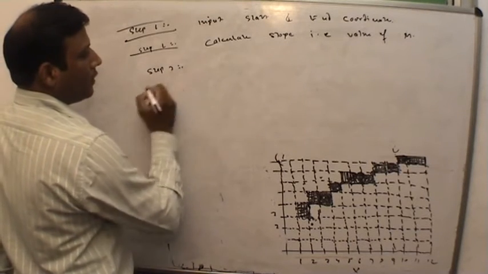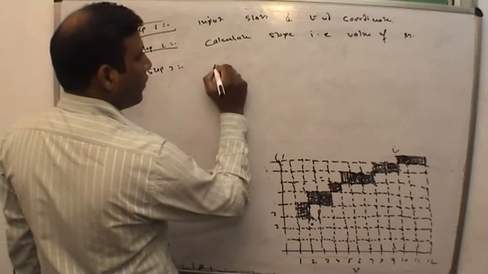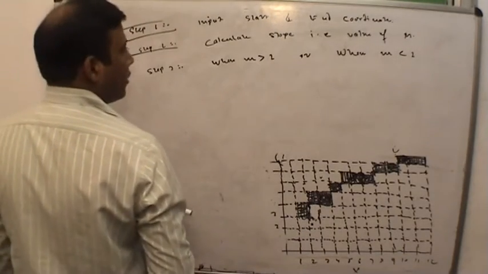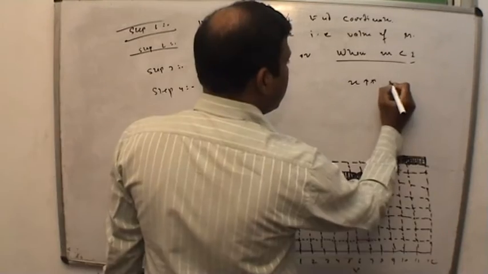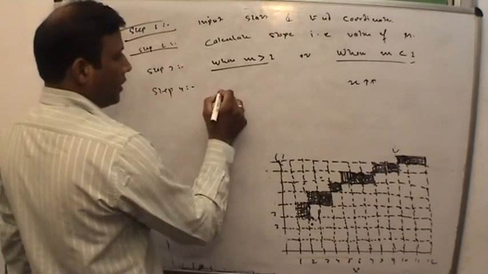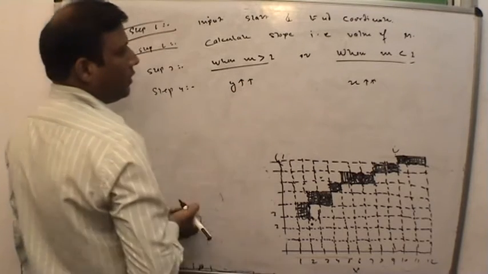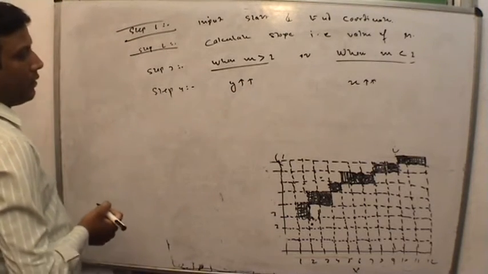Step 3, when m is less than 1, x is more incremented, and when m is greater than 1, then y is going to be more incremented.